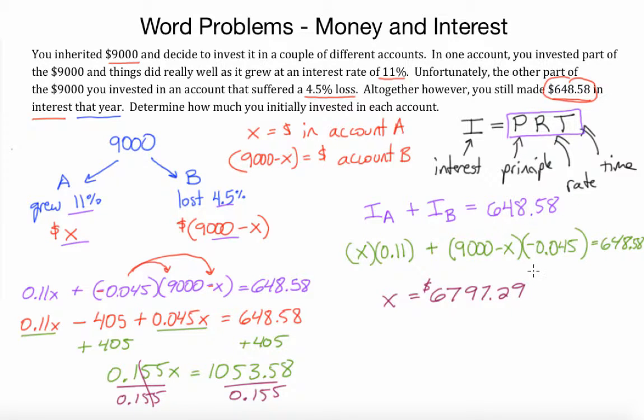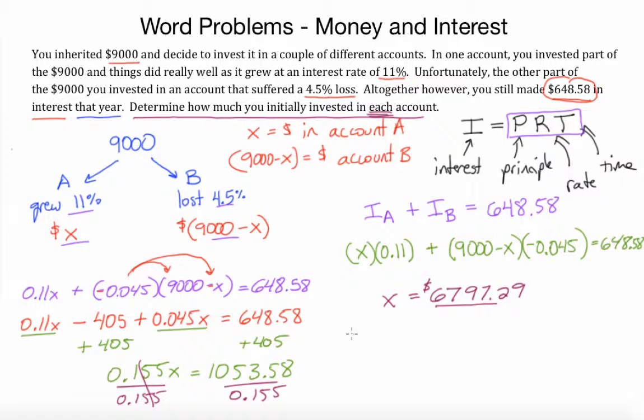I've done all my algebra, but algebra is a means to an end. I still have to figure out the question, which was to determine how much you initially invested in each account. Don't forget to fully answer that question. So x is this number, and I've defined x to be the money in account A, which is the one that grew.